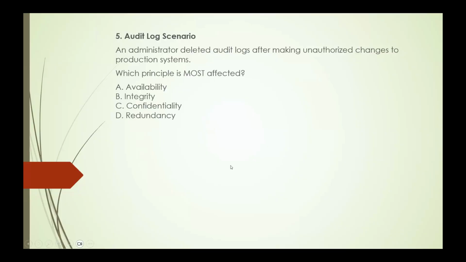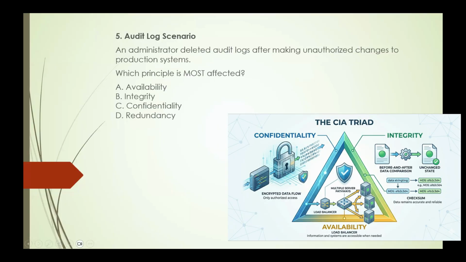Next is the audit log scenario. An administrator deleted audit logs after making unauthorized changes. Which principle is most affected? Availability, okay, you can park this answer. Integrity, yes, you can also consider this. Confidentiality is not affected here because he is an administrator.